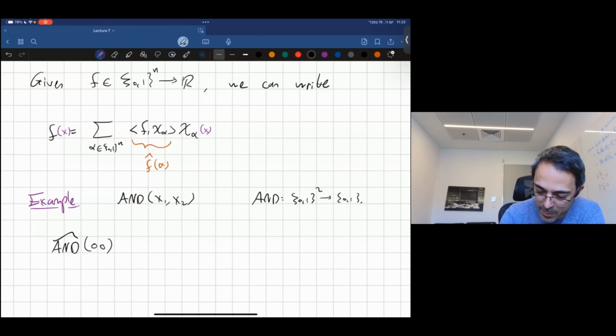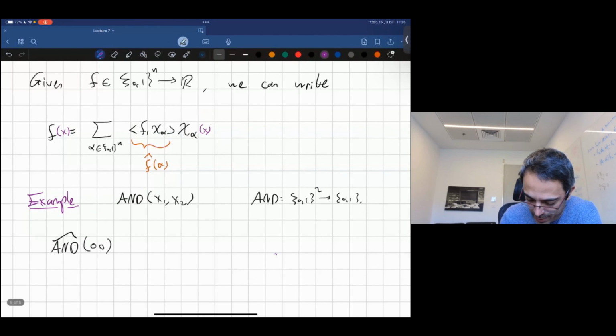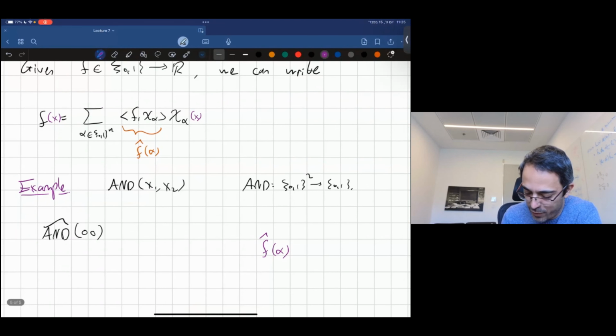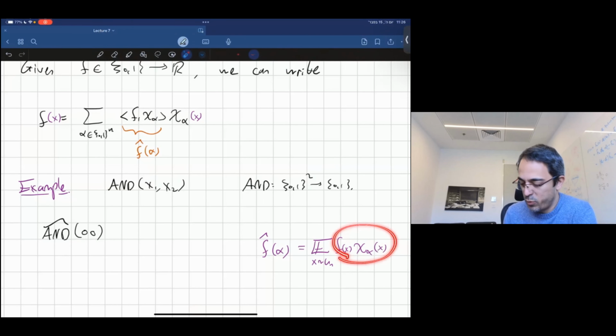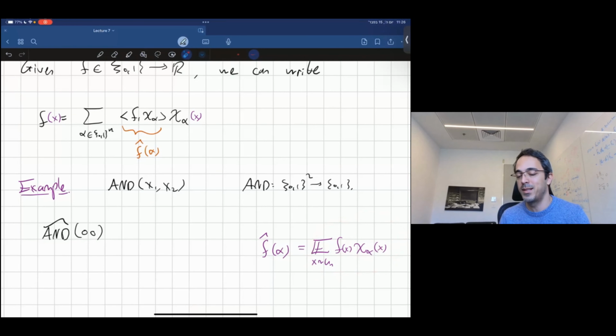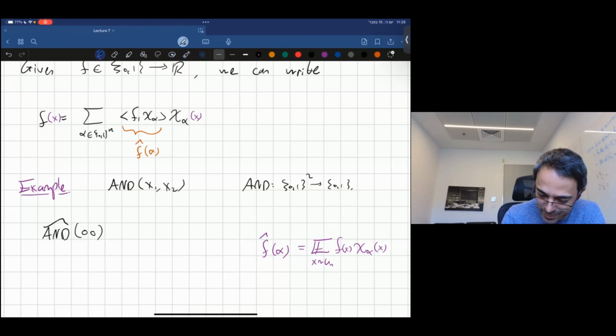By definition, maybe I should write the definition here so I won't forget. Generally, the Fourier coefficient corresponding to alpha of f is by definition the inner product between f and the corresponding character. I just wrote it explicitly. In our case, we have a very easy job.